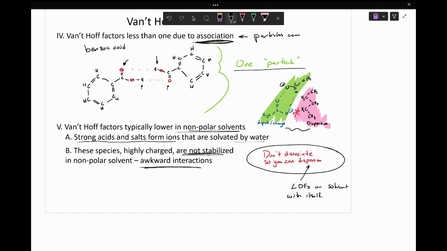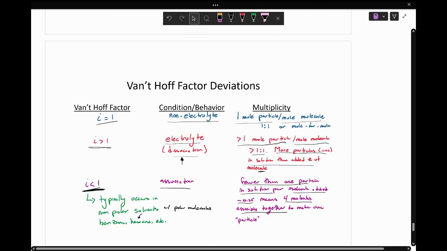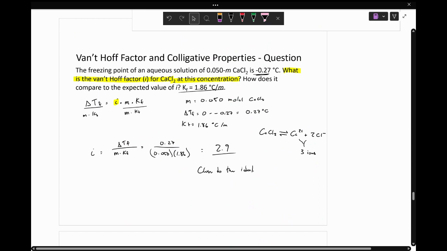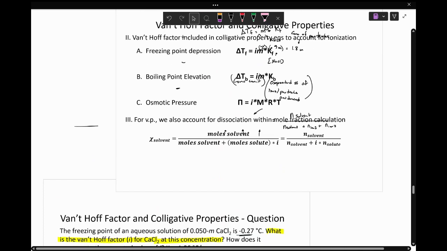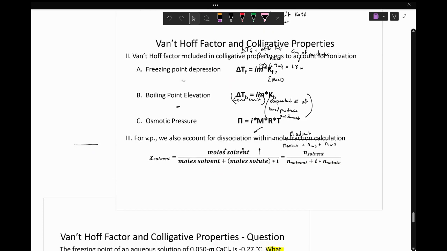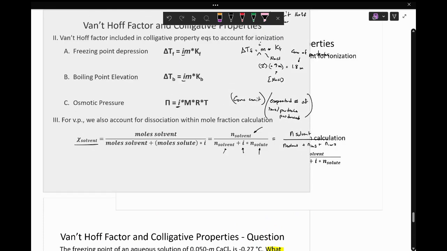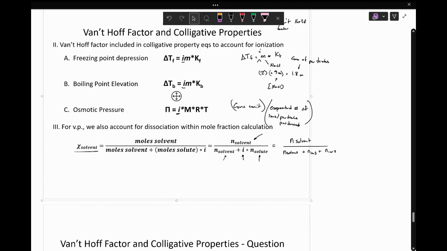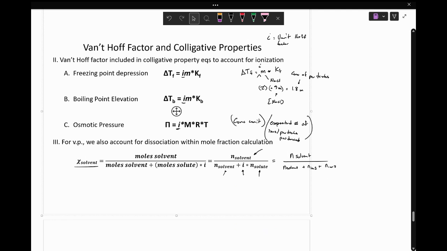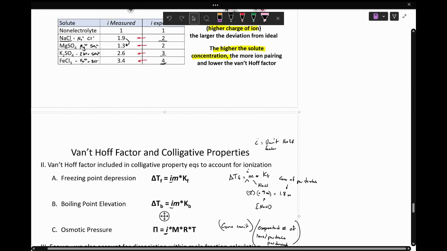coming together. But as I mentioned before, what we're going to end up focusing on with respect to this Van Hoff factor are just those solutes that are going to have that higher than 1 Van Hoff factor that we can account for when we look at colligative properties.